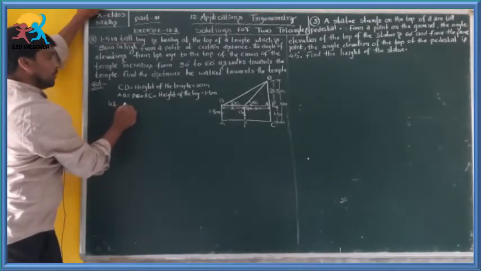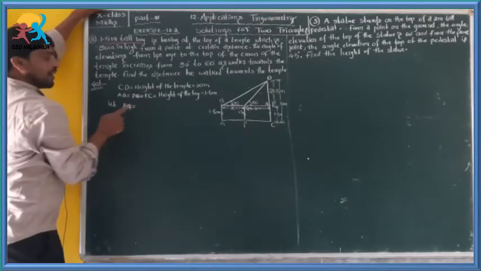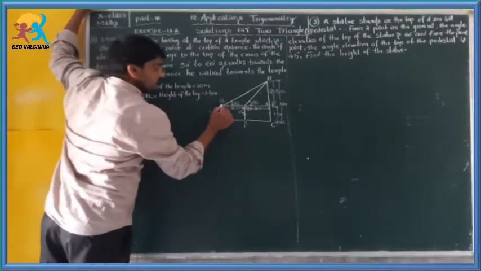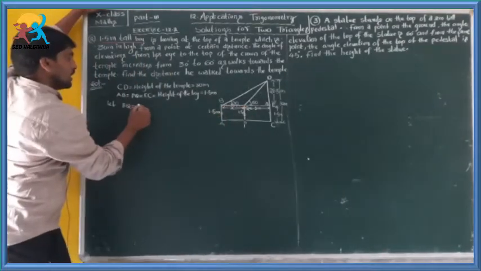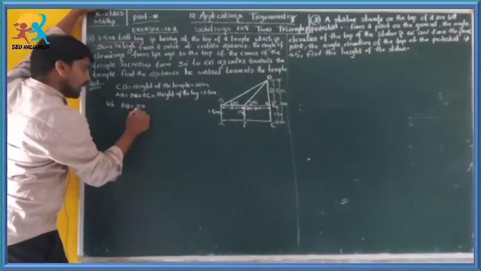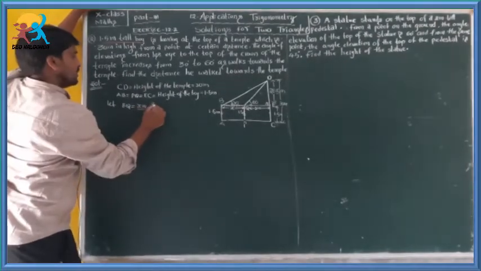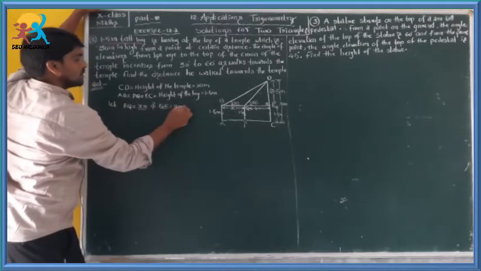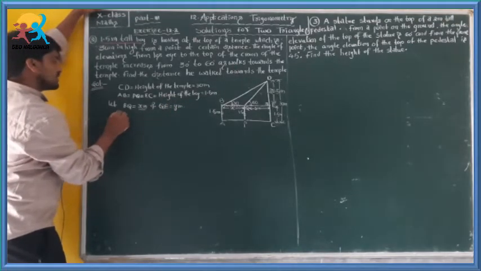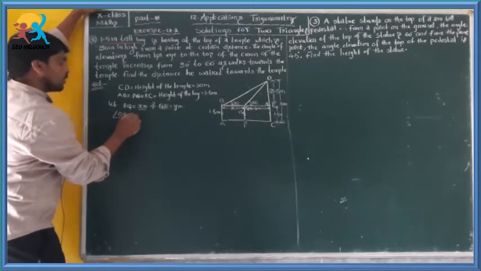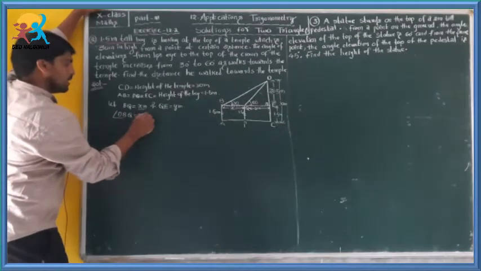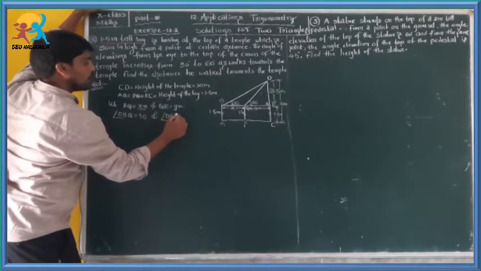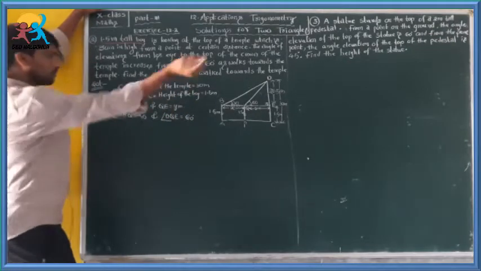BQ, the distance the boy walked from B to Q, is x meters. We have to find this x value, and also QE equal to y meters. And the angles of elevation are angle DBQ equal to 30 degree and angle DQE equal to 60 degree.